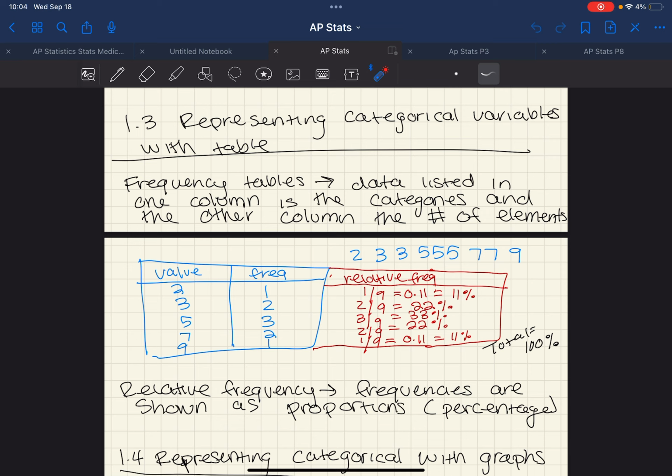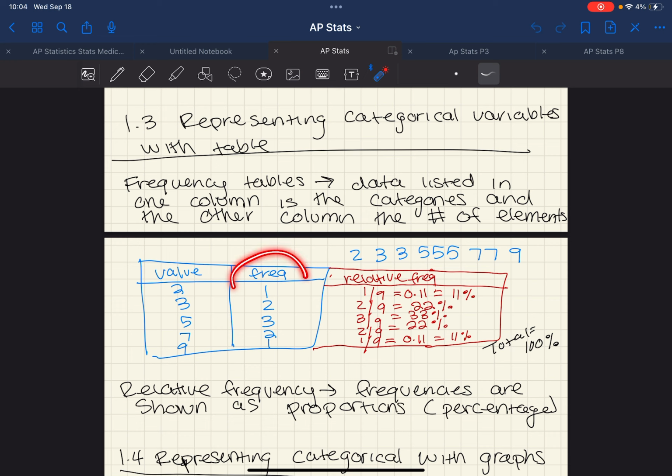So for example, if we had the data set listed below, 2, 3, 3, 5, 5, 5, 7, 7, 9, we could take each of these data points and write them one time to represent our value. So I have 2, 3, 5, 7, 9.